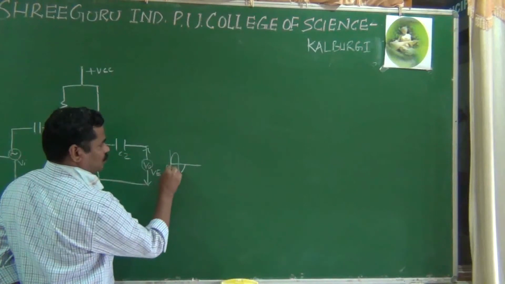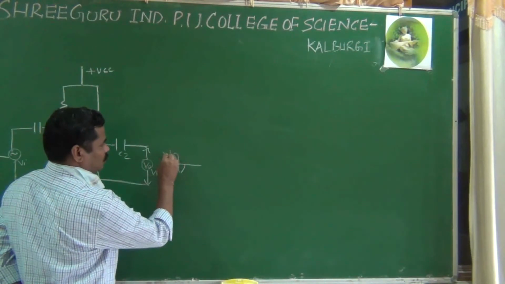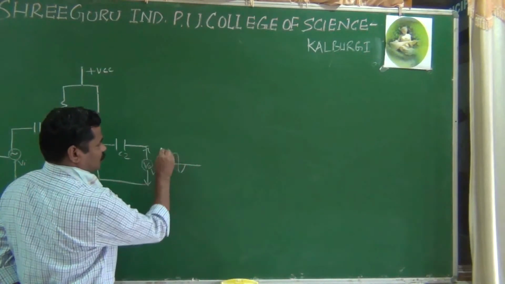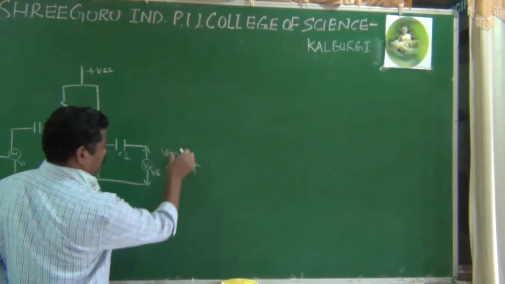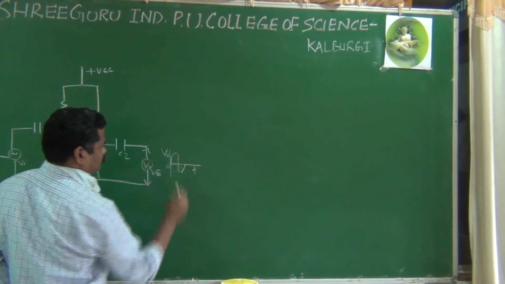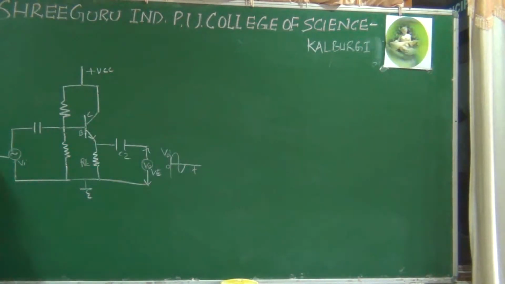The most important thing in this common collector amplifier: this is your transistor, this is your V0, this is Vi.